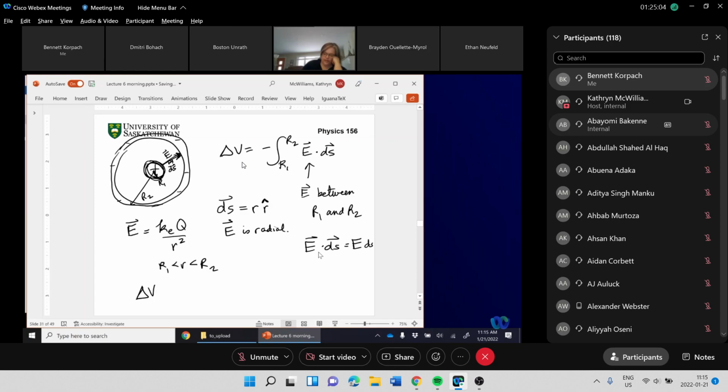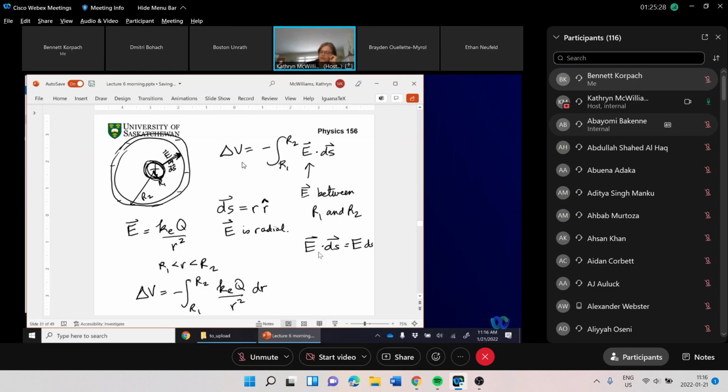So delta V is equal to minus the integral from R1 to R2 of our electric field, KeQ over R squared, times ds, which in our case is dr. When you do the dot product, you end up with just a number. There are no vectors anymore.